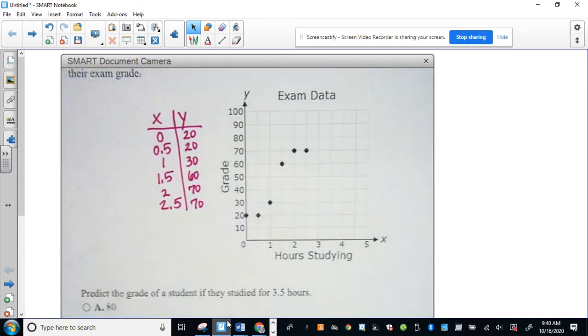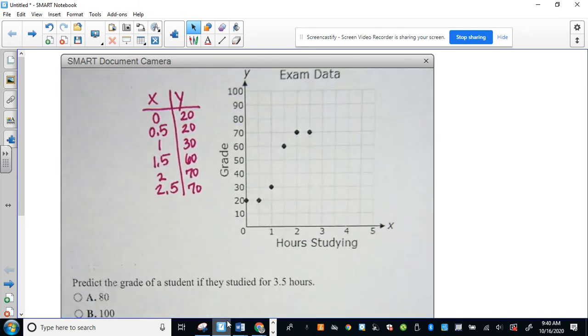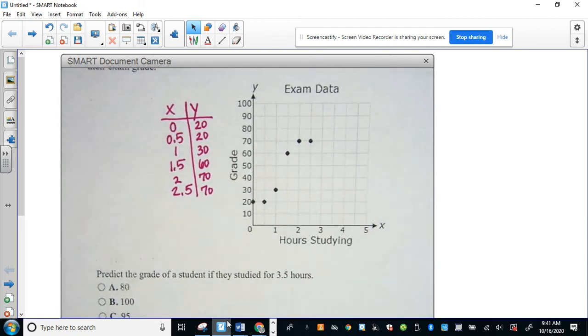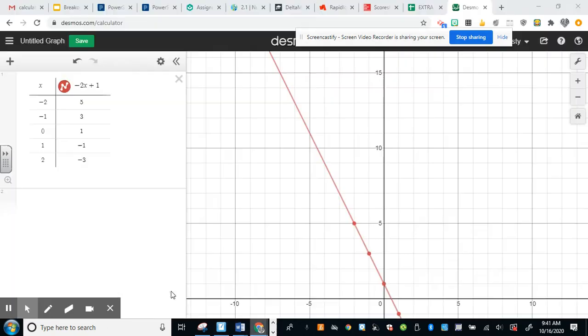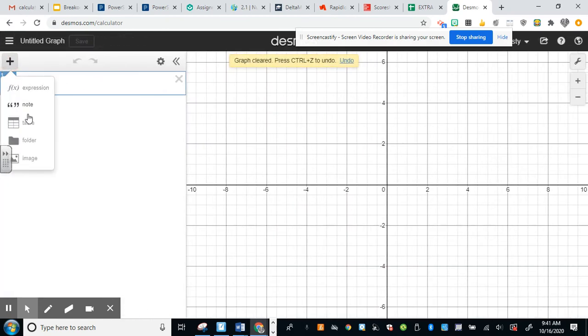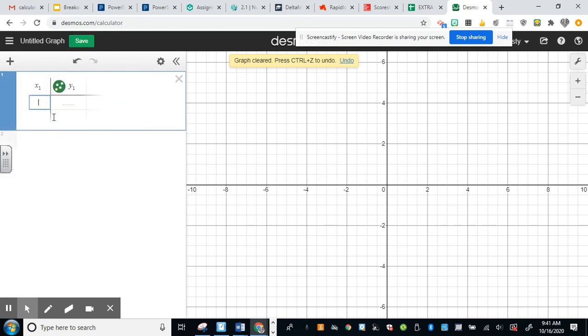14, I made a chart already. I made the table. So I'm going to go back to Desmos here. And I'm going to make a new table. So create a table here. Let's plot those in.